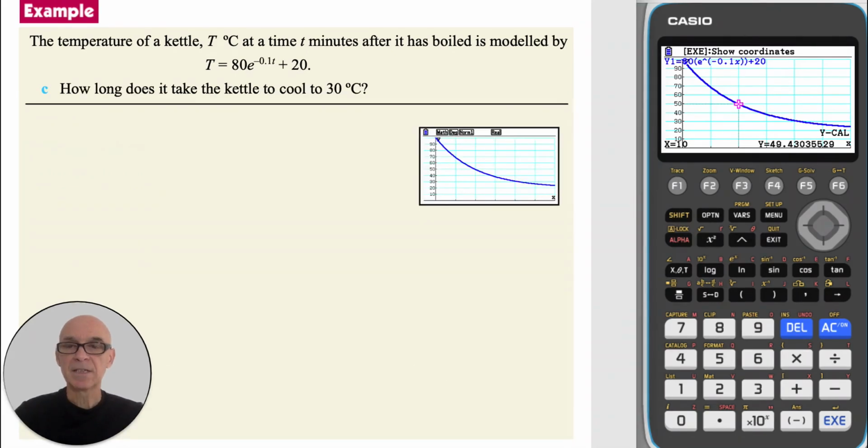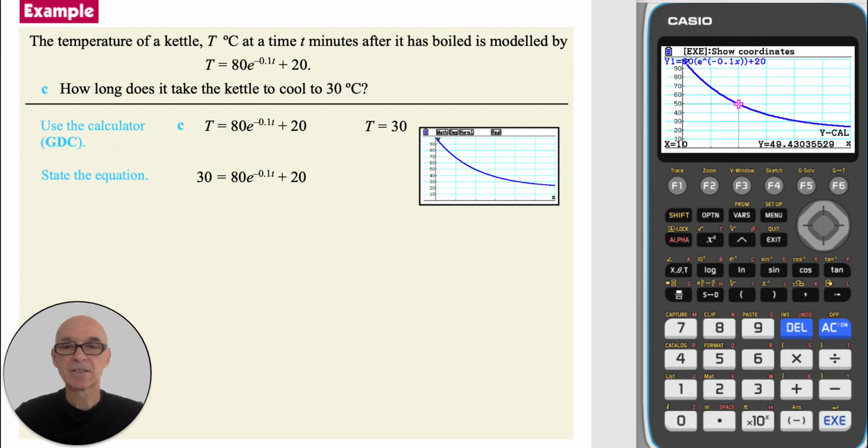In part C, we're asked how long does it take the kettle to cool to 30 degrees C. Again, we will use the calculator. However, it's also a good idea to write an equation, replacing the temperature T with 30.